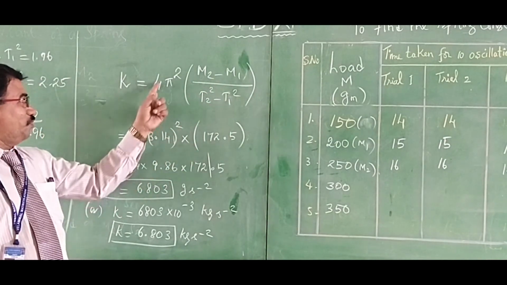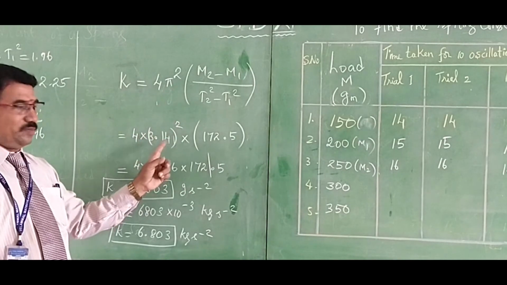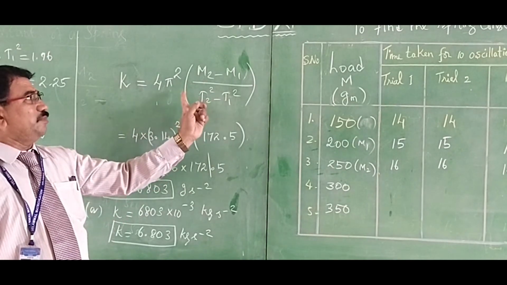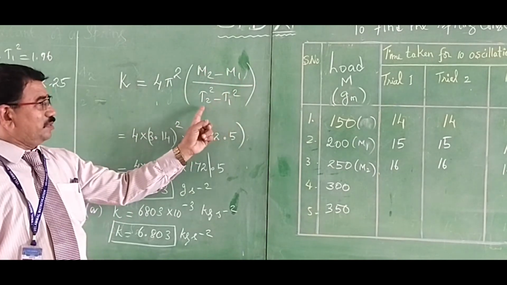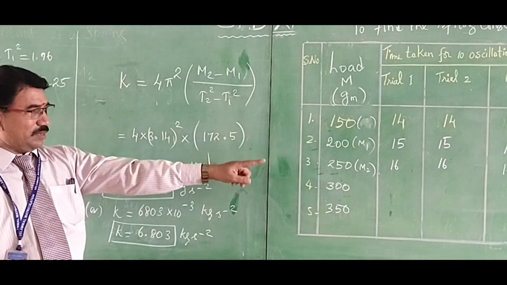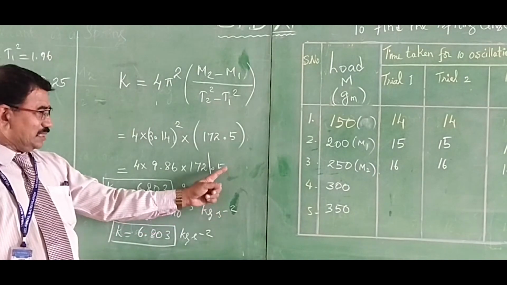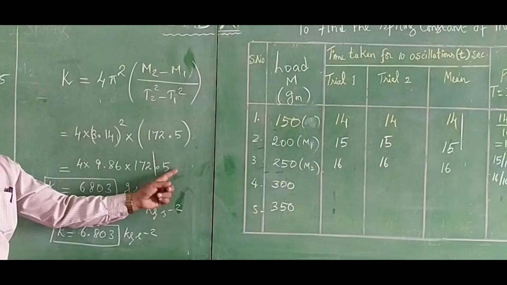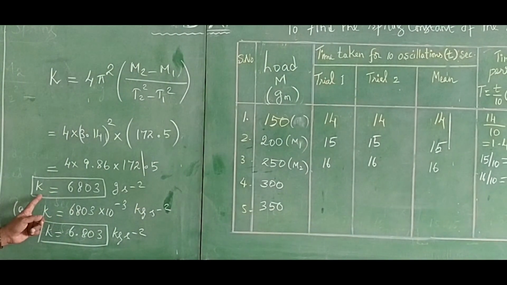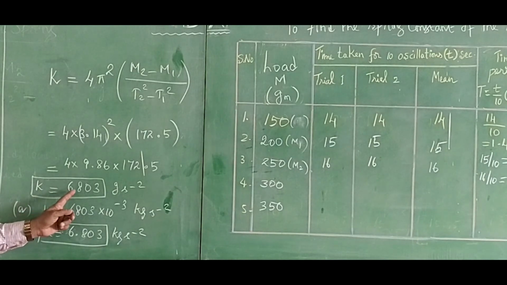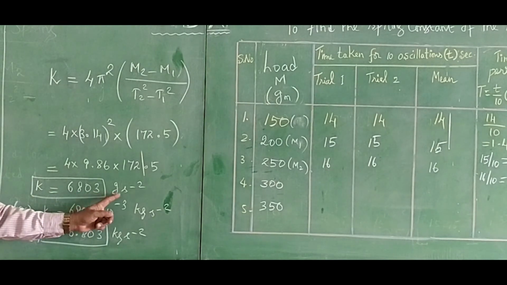We know 4 pi square, with pi value 3.14. The mean value of M2 minus M1 by T2 square minus T1 square obtained in the table column is 172.5. By substitution and simplification of all these values, we got K is equal to 6,803 gram per second square.